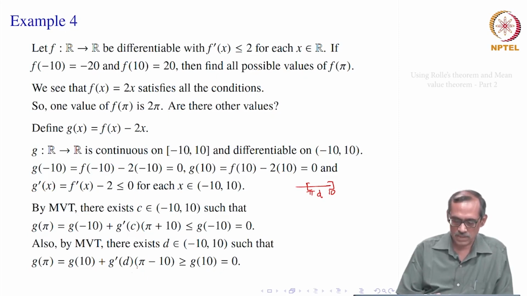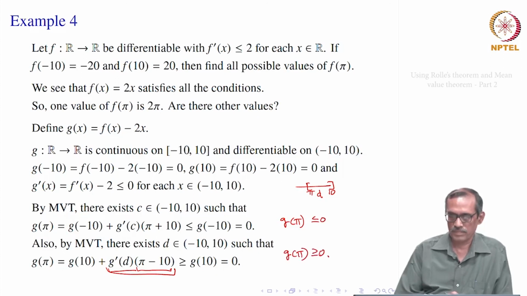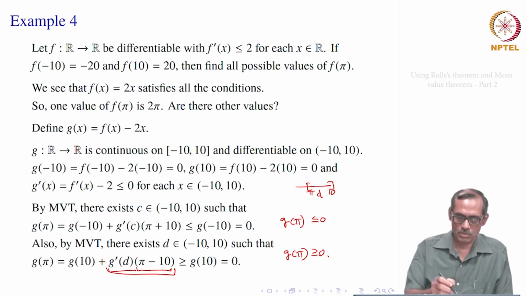So, now pi minus 10 is negative and g prime d is also negative. So, this is positive, then g of pi must be greater than or equal to g of 10, which is 0. So, here we have g of pi less than or equal to 0, here we get g of pi greater than or equal to 0. Therefore, g of pi must be 0, right. That is what we wanted.